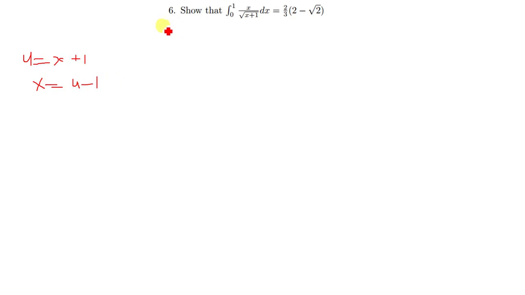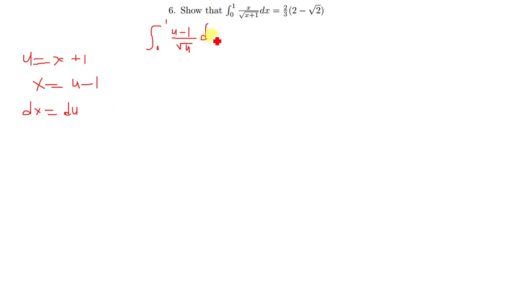In other ways, I can write my integral as u minus 1 on top, and then everything divided by the root of u. And my dx, I will differentiate this, so my dx is just going to be equal to du. So I can replace that part with du.